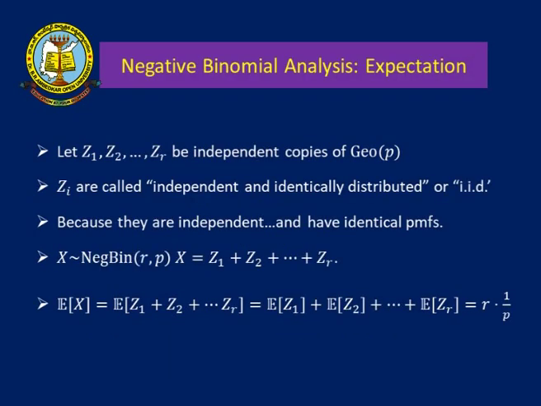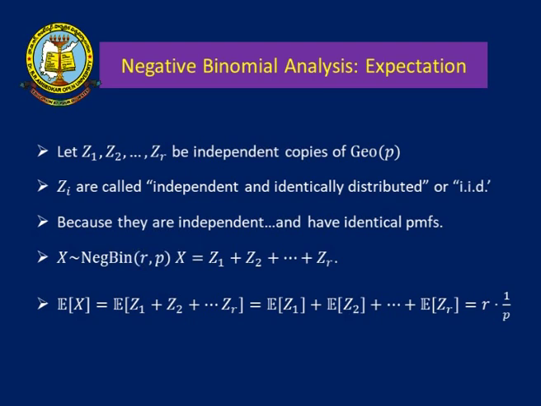Let Z1, Z2, Z3, Z4, up to Zr be independent copies of Geo(p). So the Zi are called IID, that is independent and identically distributed, because they are independent and have identical probability mass functions.